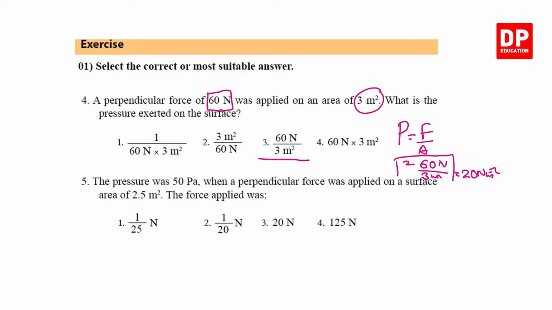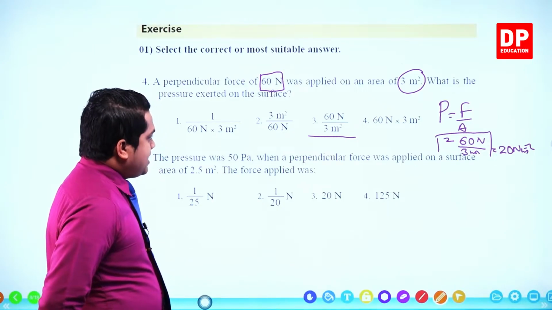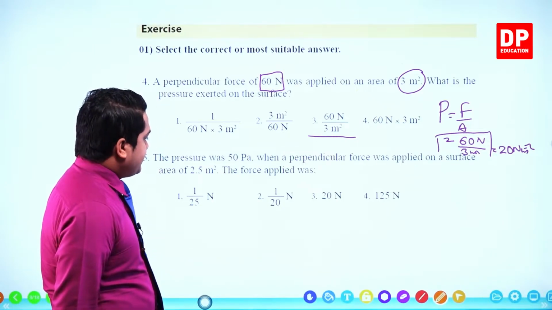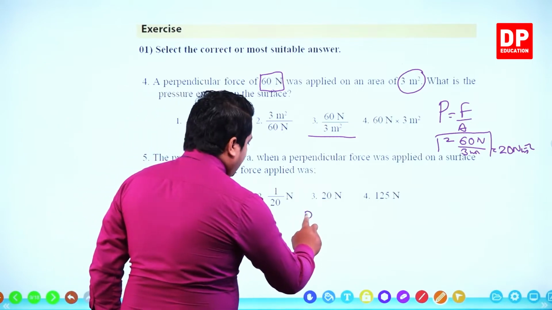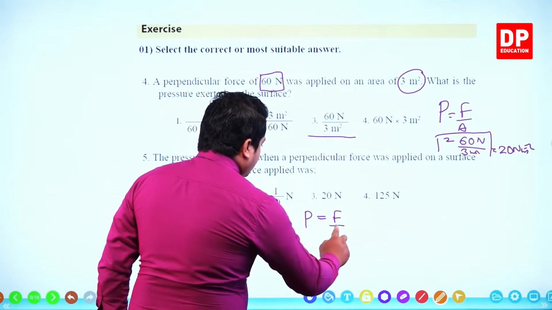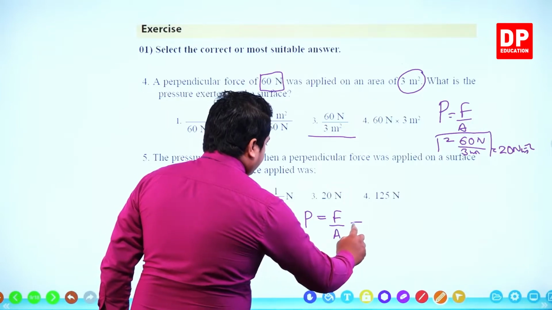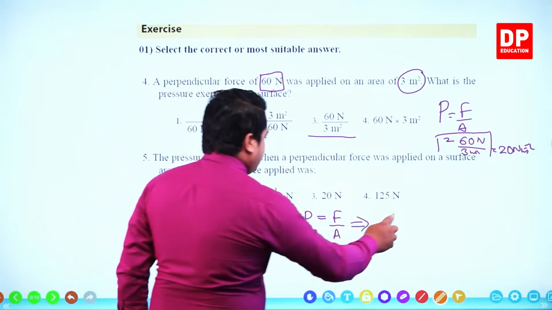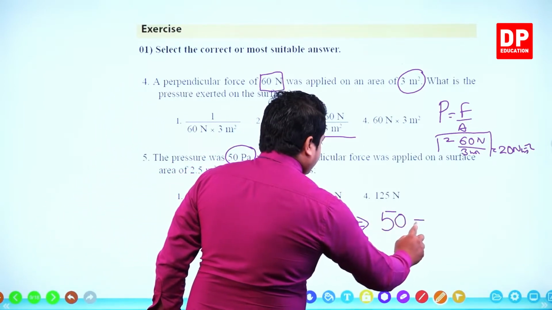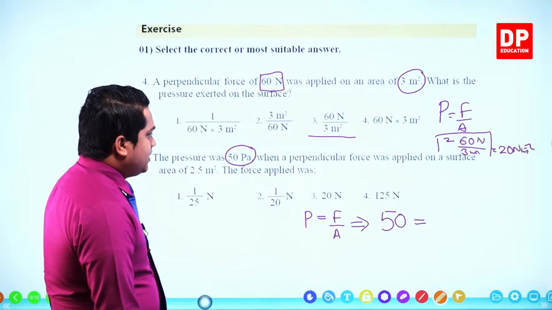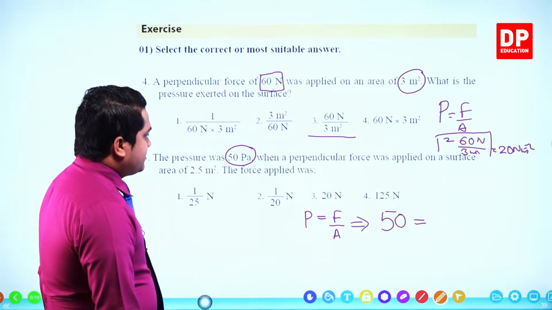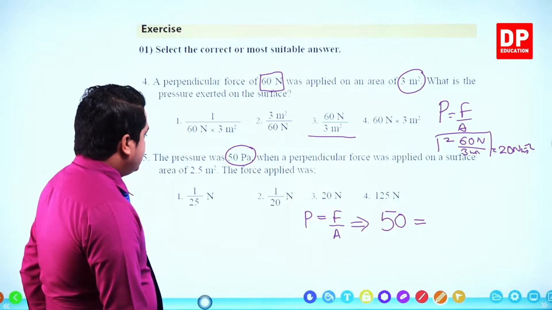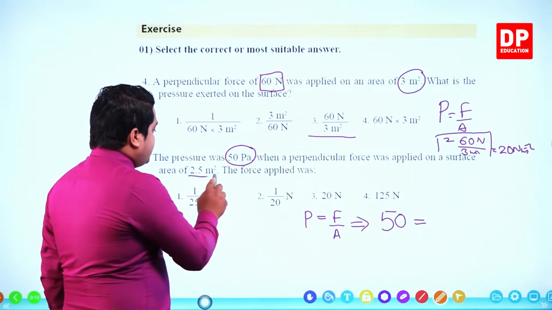Next one, the pressure was 50 pascals when a perpendicular force was applied on a certain surface area of 2.5 square meters.